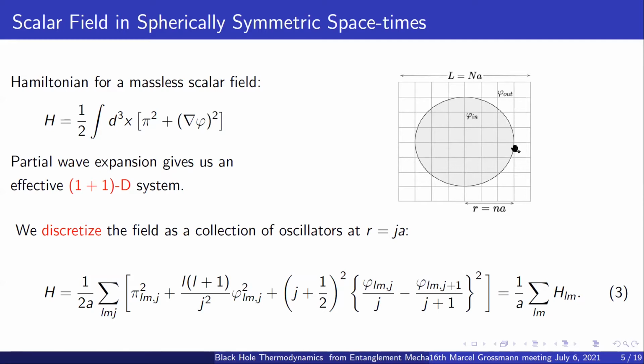The circle is the horizon that separates the inner degrees of freedom and the outer degrees of freedom of the field. Basically what I've done here is I've replaced the field degrees of freedom everywhere with a collection of oscillators, where each of the oscillators is centered at each grid point. And the distance between two oscillators in the grid is given by the lattice spacing a.